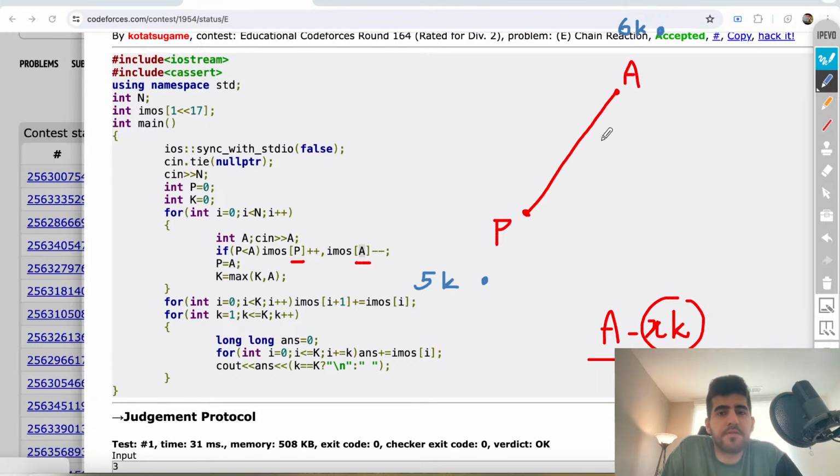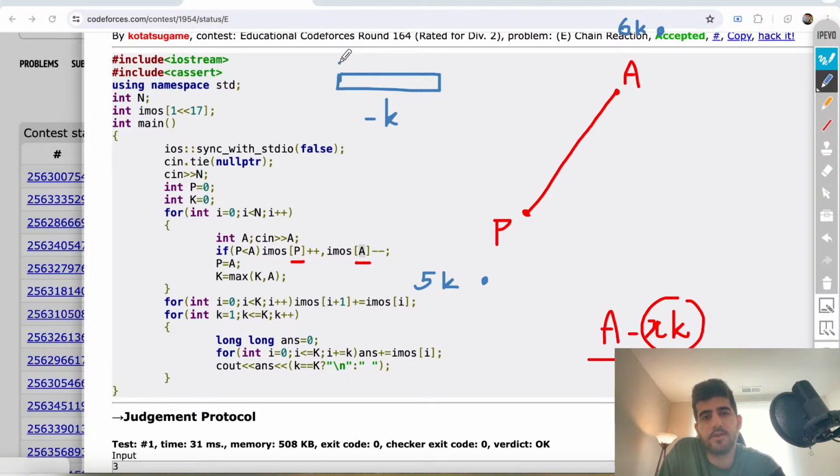So each time we choose an interval and subtract k from all of them, we consider which monster the interval starts from.